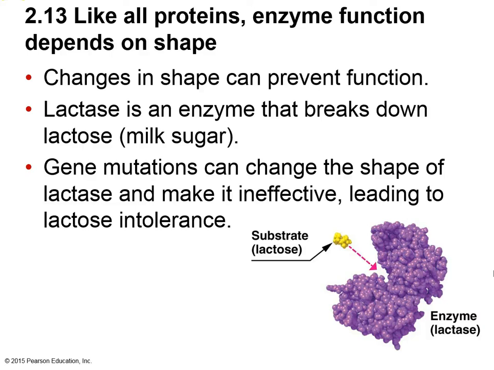And if we see mutations in the lactase enzyme, it can change the shape of the lactase and make it ineffective, leading to lactose intolerance. So here's our lactase enzyme. Here's the active site where lactose binds. If we have a change in shape of this enzyme, lactose will no longer be able to bind, and therefore lactase will have lost its function, and we will not be able to break down the lactose.